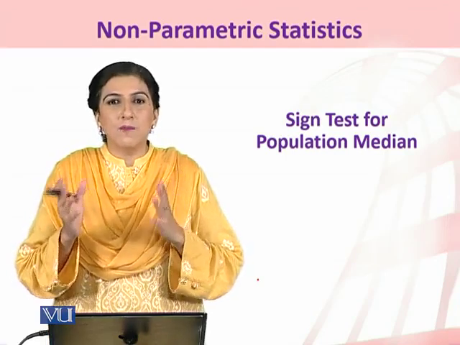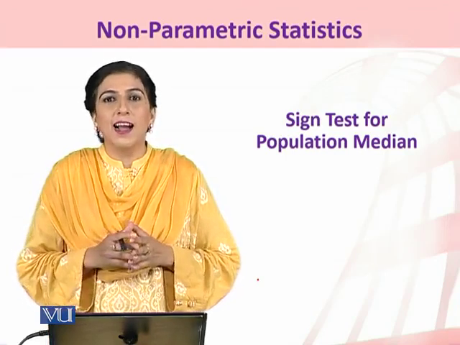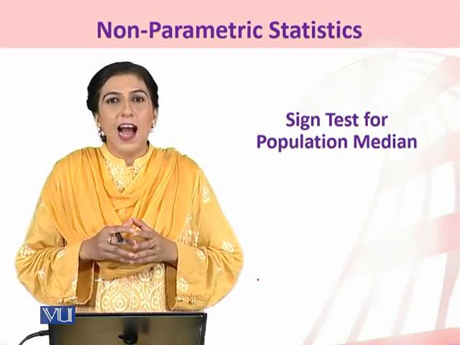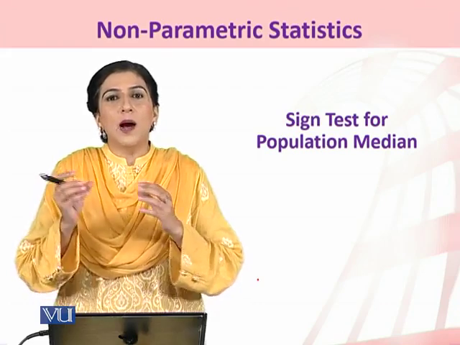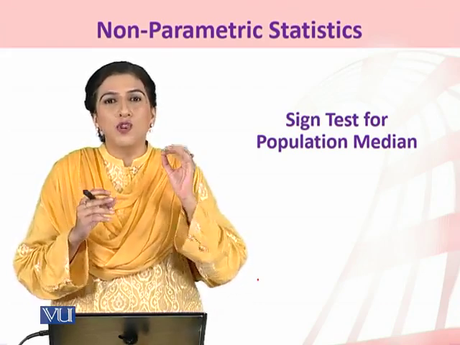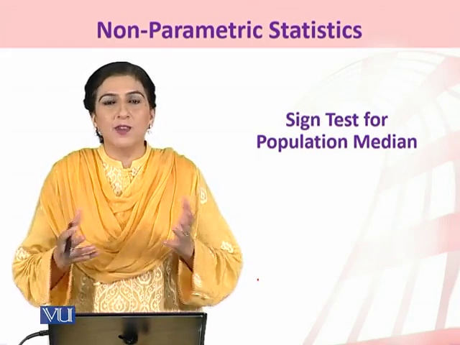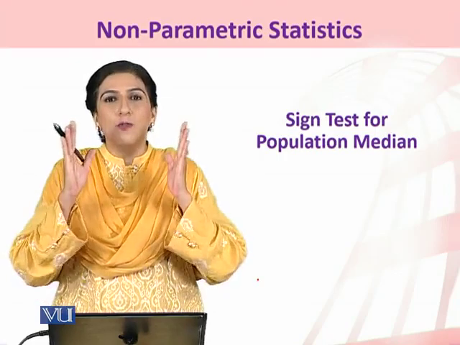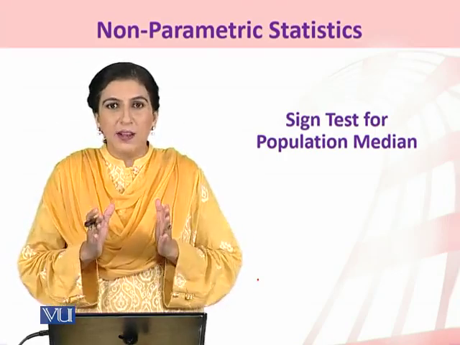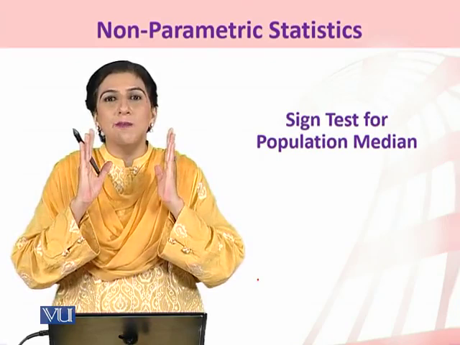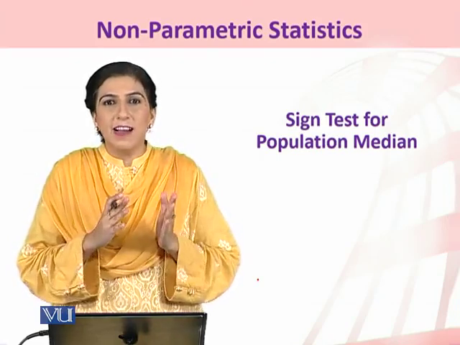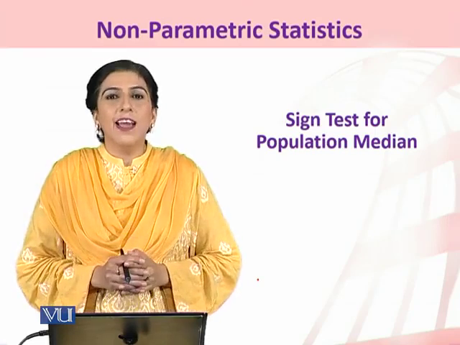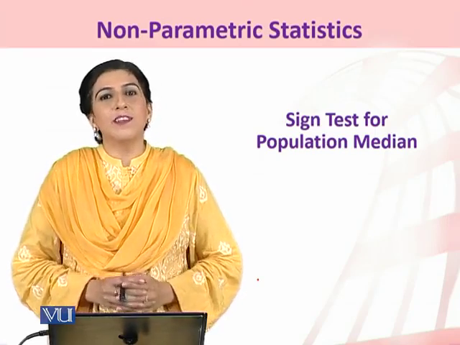So वो P जो है proportion जिसको हम कह रहे हैं, जो हमने अभी कहा कि P 0.5 होगा मीडियन के लिए, तो अगर वो 0.5 है आपकी वैल्यू P की, तो आप उस पर्टिकुलर proportion और जो डिजायर्ड आपका n है, whether 10, whether 12, you can look into the value of the test statistic from within the binomial table. So using that value, you can make a comparison with the critical value, and finally you can choose to reject or accept your null hypothesis for the sign test.